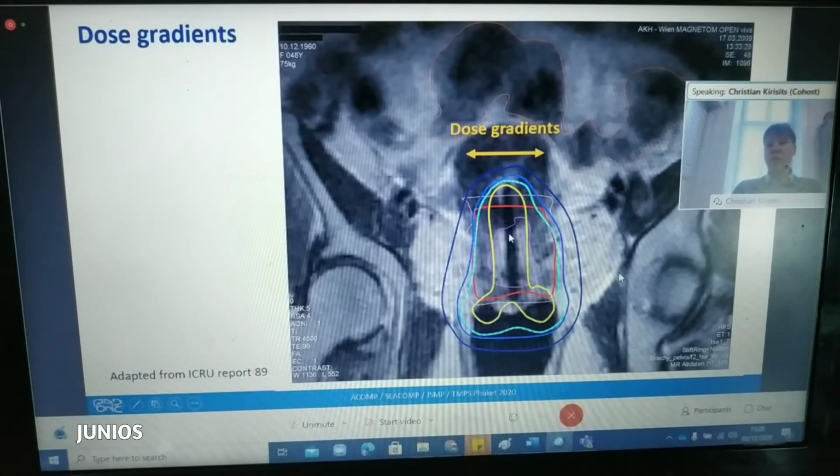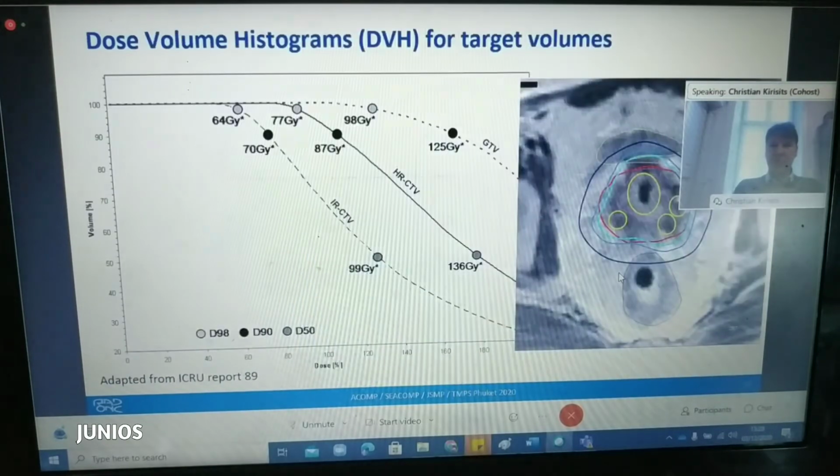This should be our hotspot area, and then the dose should become less and less as we go to the left and to the right. And this makes brachytherapy so effective: we don't have a homogeneous dose, but a very inhomogeneous dose. We have to keep this dose gradient, and automatic planning has to help us that this is kept.